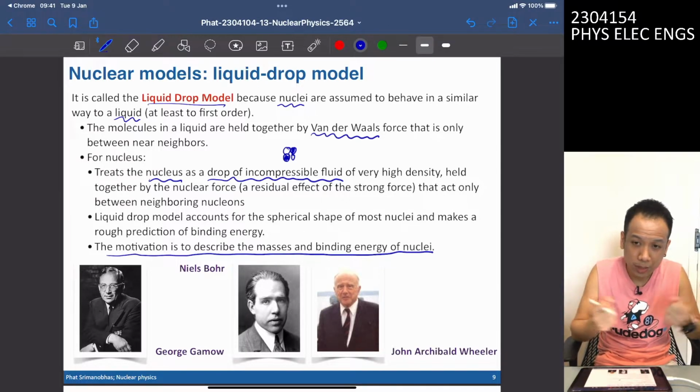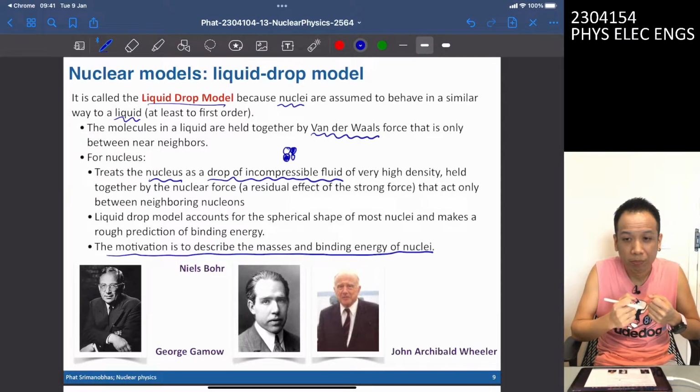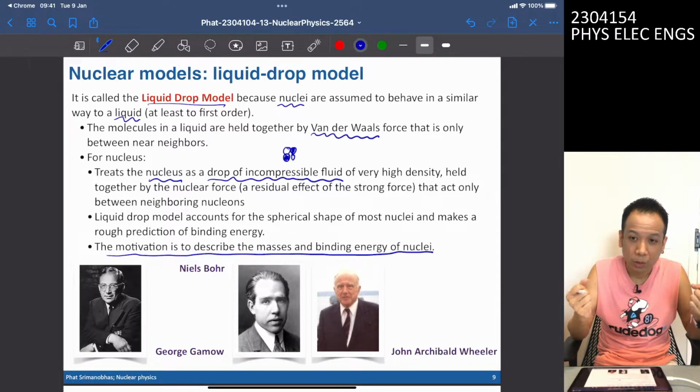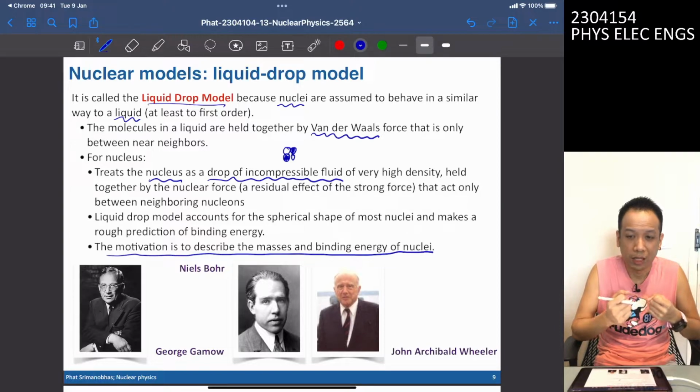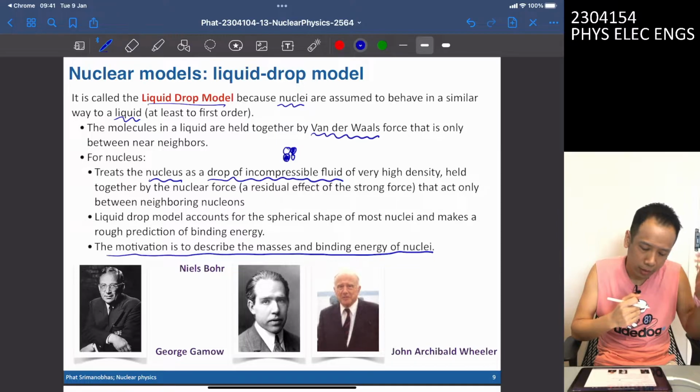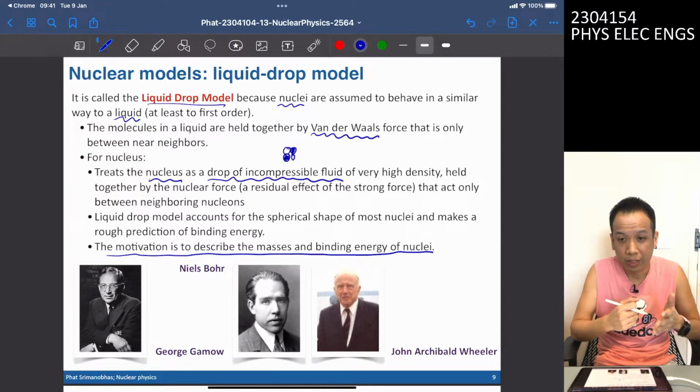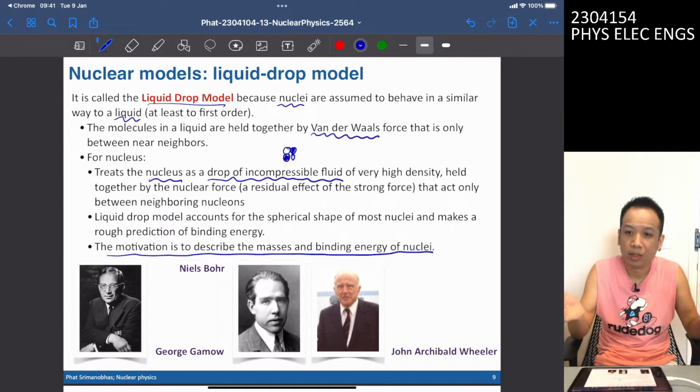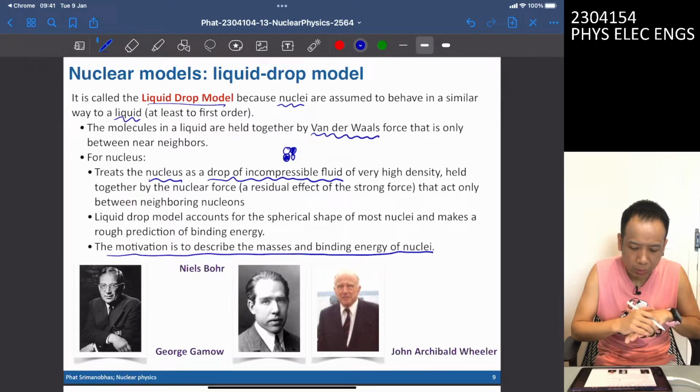You can squeeze it to reach some point of about half a femtometer, and after that you cannot squeeze it more, because you're going to have a big repulsion from both the strong force and the electromagnetic force, okay. So at some point it is stable at one range, okay. So that's why we consider it as a drop of incompressible fluid, okay.